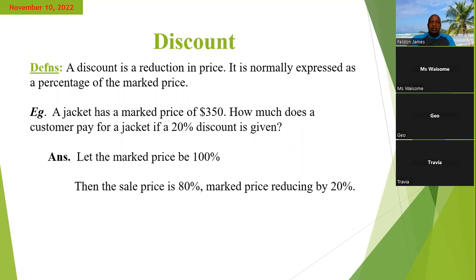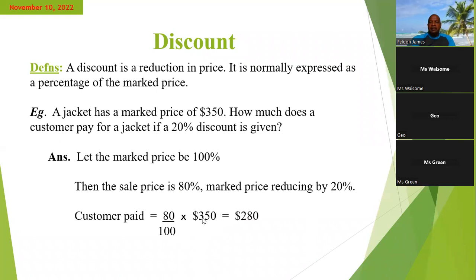All right. So generally what you would do, you would find 20% of 350, then you subtract the 20% from 350. Now, if you are reducing by 20%, that means you're going to be paying 80%. So another way you can approach this question is just to calculate 80% of the 350, and that will give you one calculation.